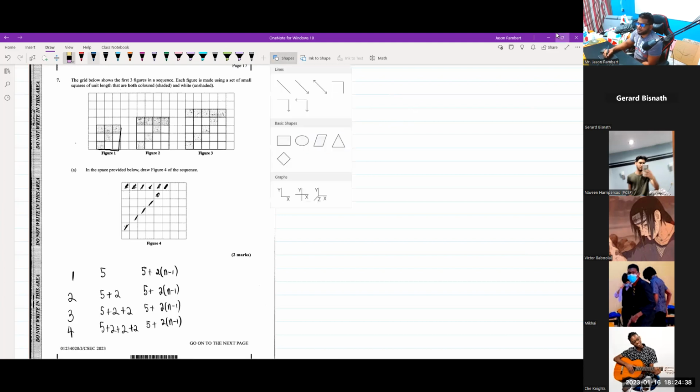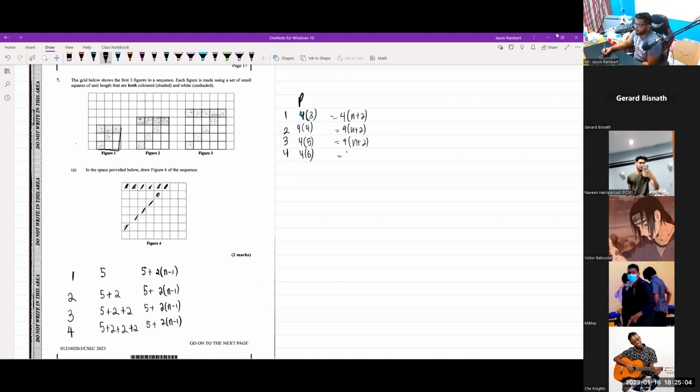All right, the perimeter is going to be 4 into 3, 4 into 4, 4 into 5, 4 into 6, so 4 into n plus 2. Yeah?